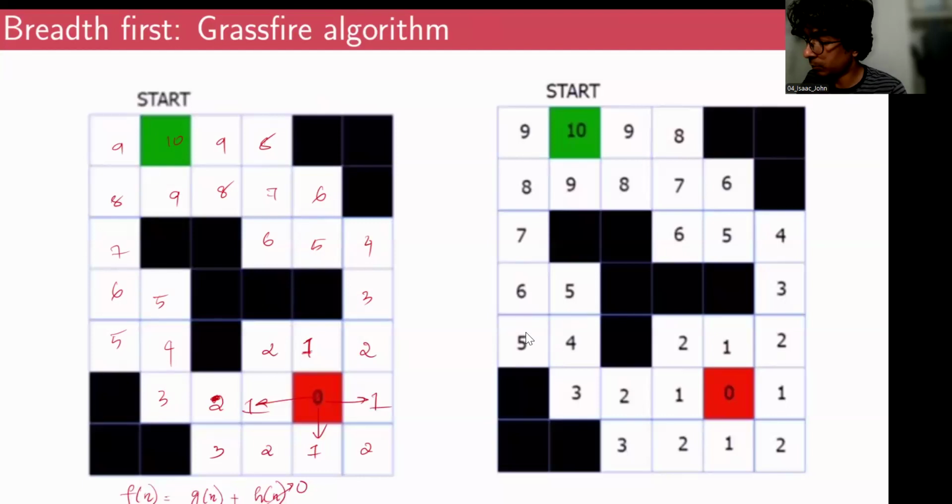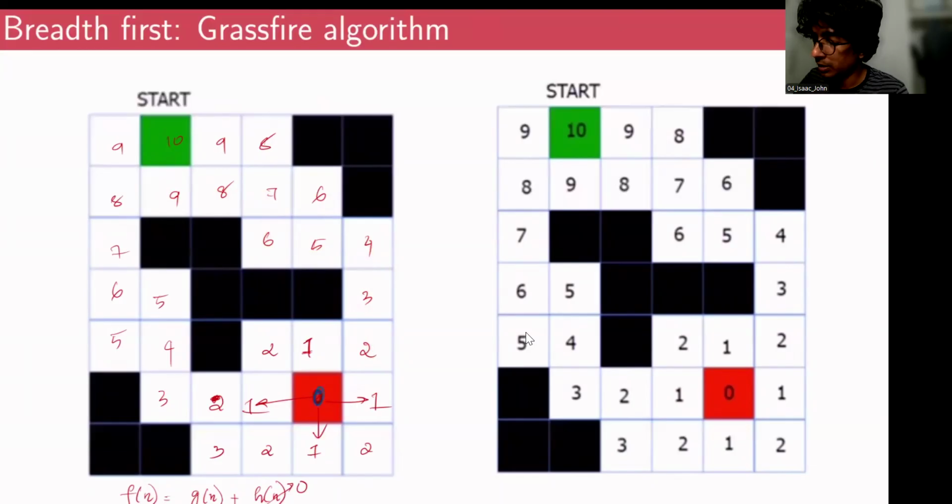This is one path. You can move 1, 2, 3, 4, 5, 6, 7, 8, 9, 10. That is one path, which would consume some amount of energy. Right? I'll just label it like that. So this is one feasible path.